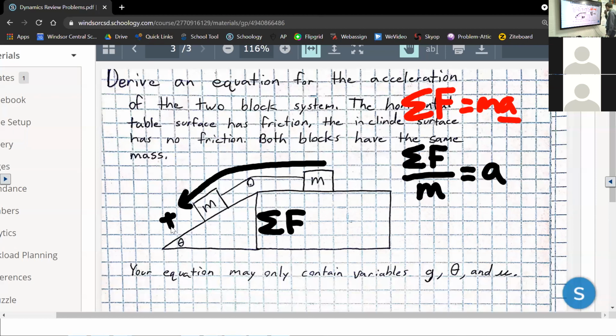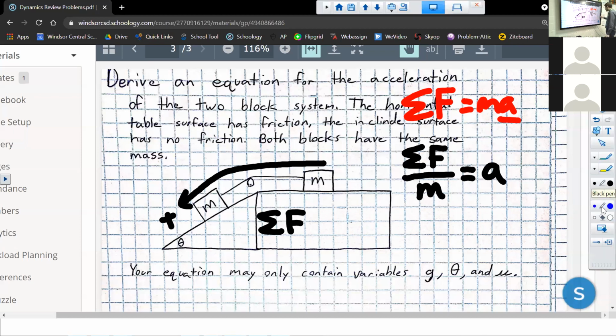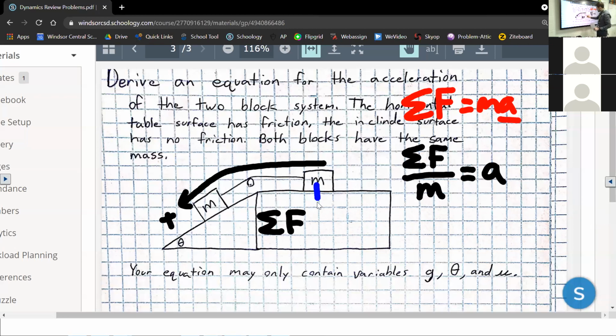And so what are the forces that are on each of these blocks? Gravity, so they both have Fg. You guys online, shout out some forces. They both have a normal force, but they're different. Yep, normal force, but different. One goes perpendicular. Oh, the other one also goes perpendicular. Wait a minute.